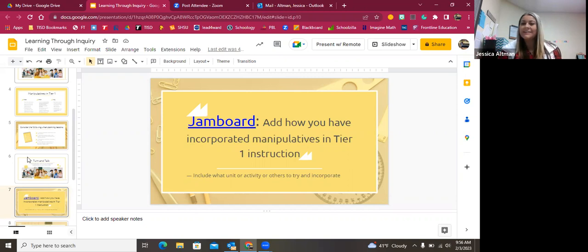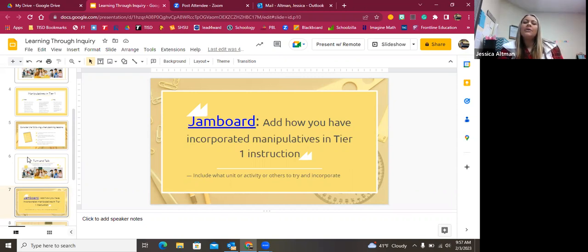And again, not that it didn't happen, not that it wasn't successful. These are just things that, because of time constraints, I did have to remove. We didn't get to go over as many of the Jamboard examples, and I didn't get to allow as much time for the Jamboard completion as I would have liked to because of time constraints.